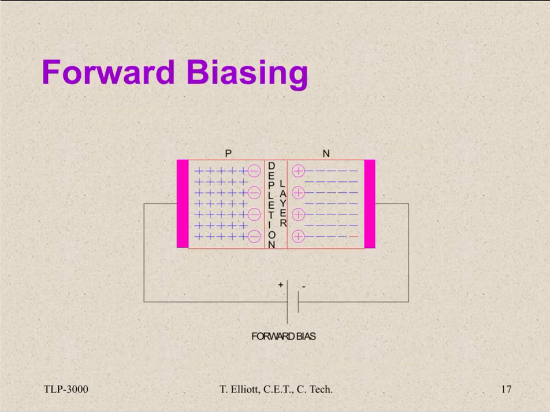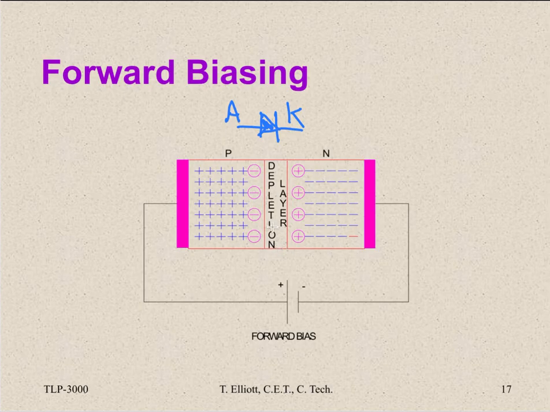Forward biasing. We have our DC supply, positive and negative, and this would be the cathode. The little plus signs here are used to indicate holes, and the little dashes are used to indicate electrons.